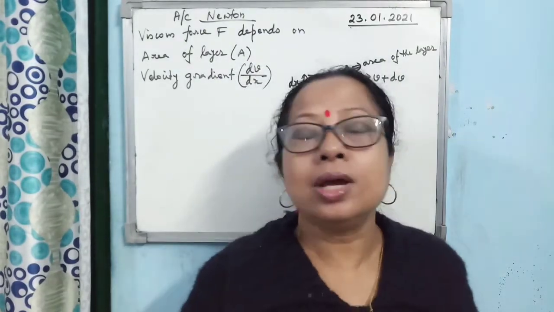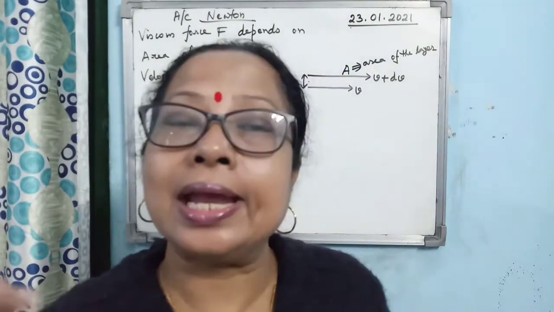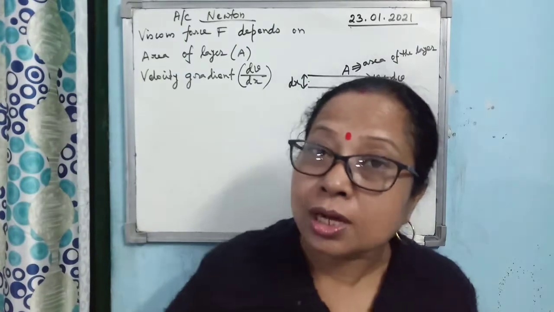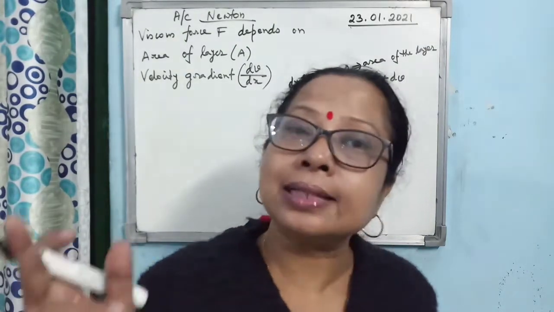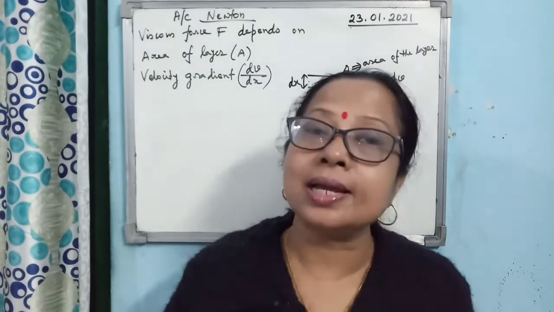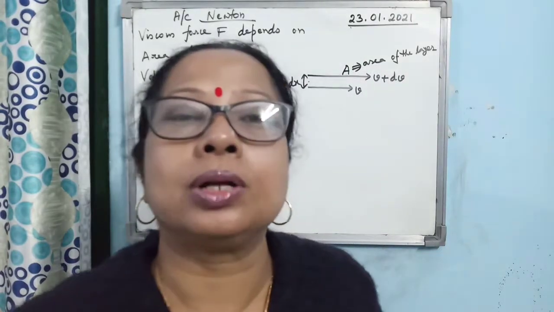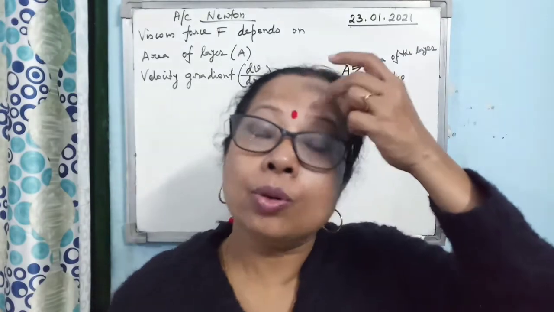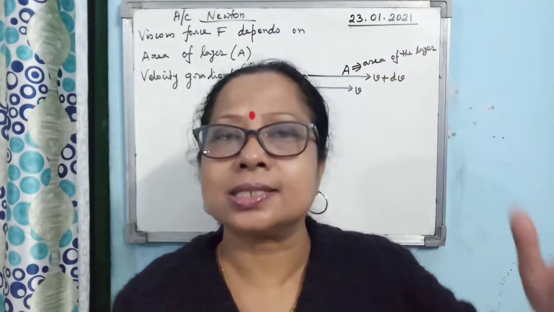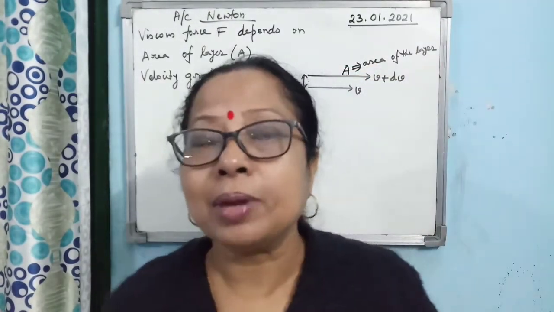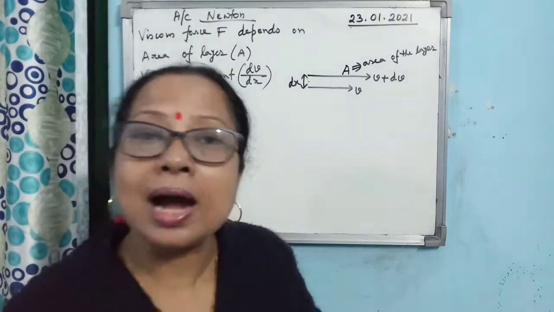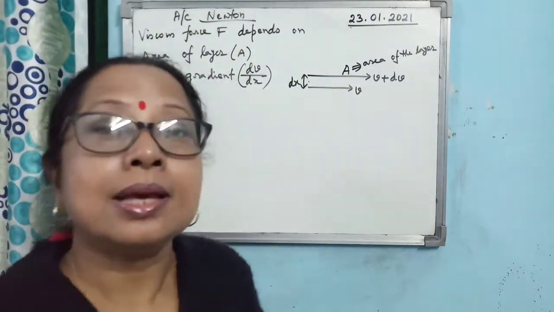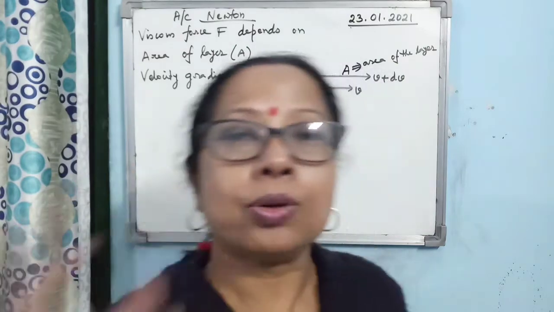So whenever you consider the change of any quantity perpendicular to its direction, then that represents the gradient of that particular quantity. Like that we have temperature gradient, force gradient, all these things. The main concept behind gradient is per unit length, and the length should be taken perpendicular to the direction.